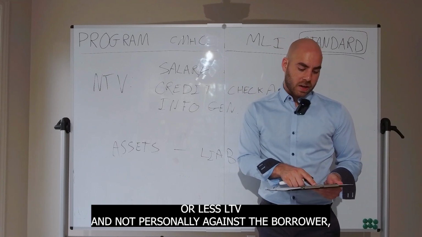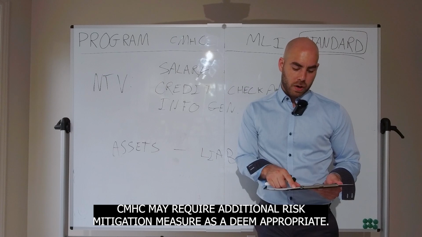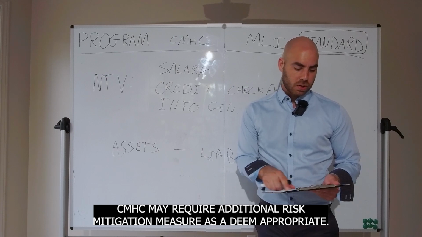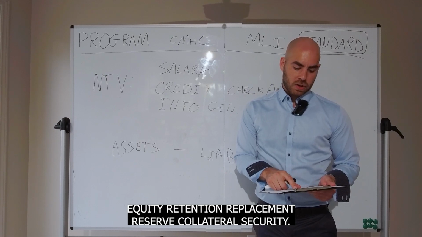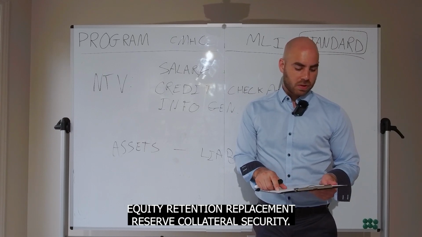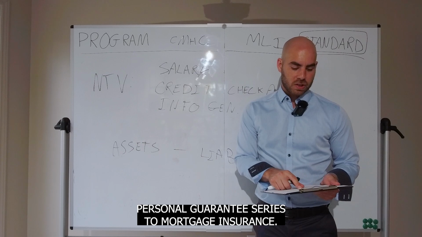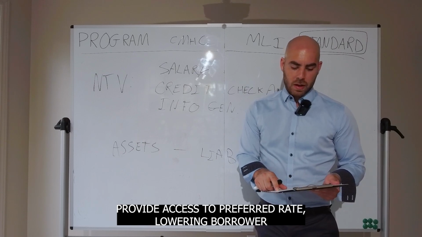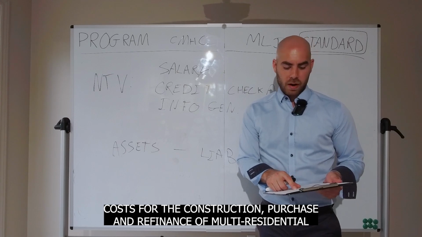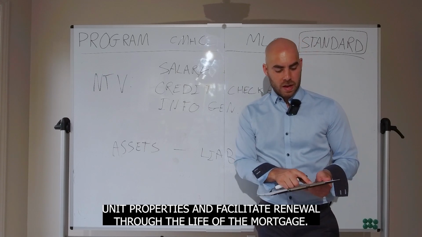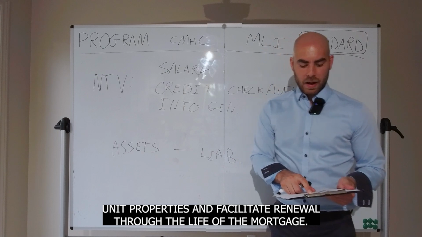And not personally against the borrower, CMHC may require additional risk mitigation measures as it deems appropriate. Example: equity retention, replacement reserve, collateral security, personal guarantee. CMHC mortgage insurance provides access to preferred rates, lowering borrower costs for the construction, purchase, and refinance of multi-residential unit properties, and facilitates renewal through the life of the mortgage.